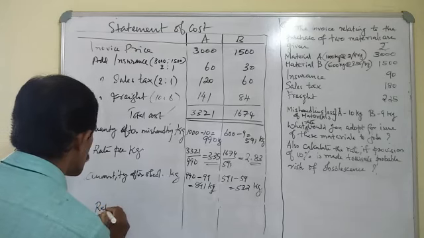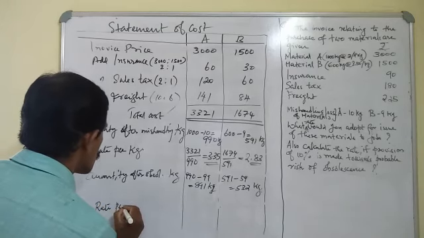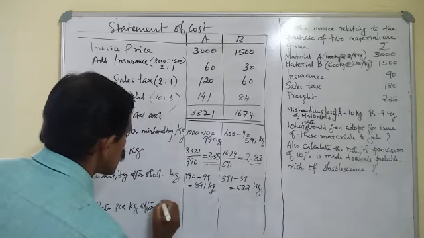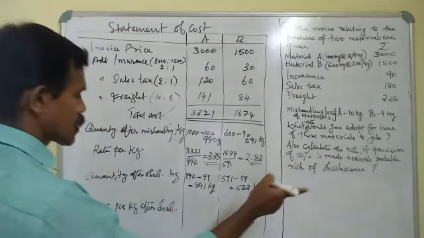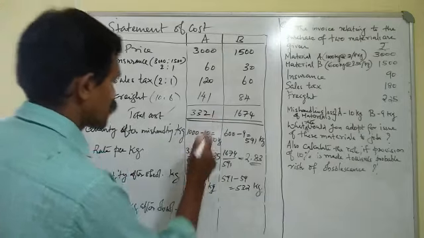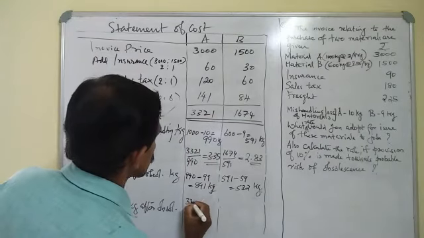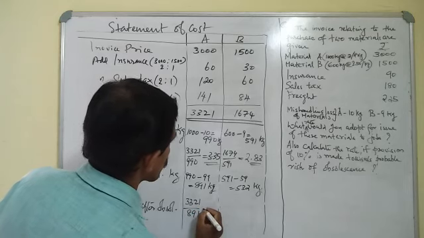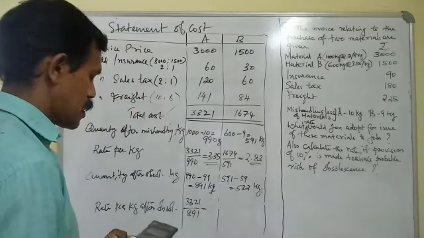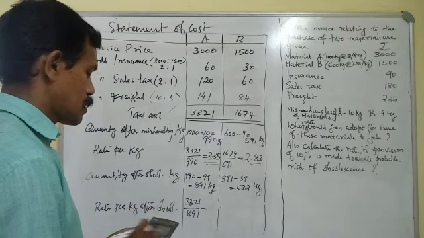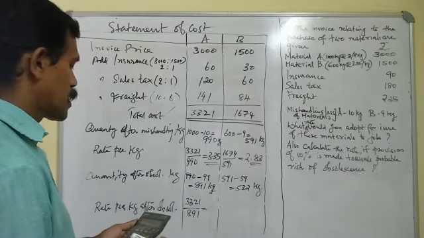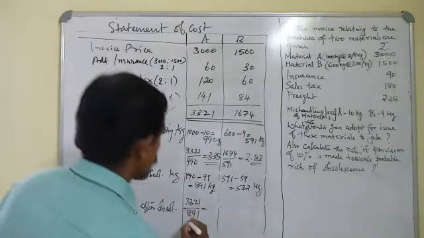Then we have to find out the rate per kilogram after obsolescence. Here our total cost for A is 3321, that divided by 891 kilograms, comes to 3.73.